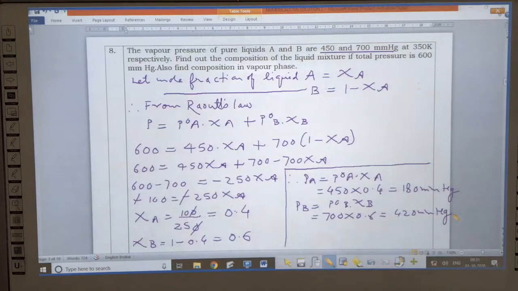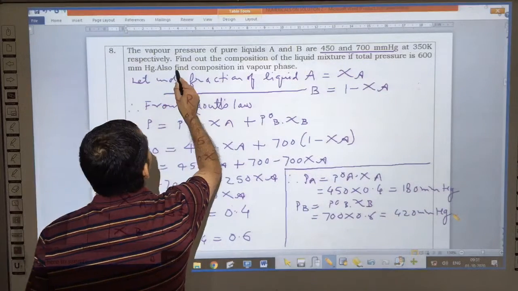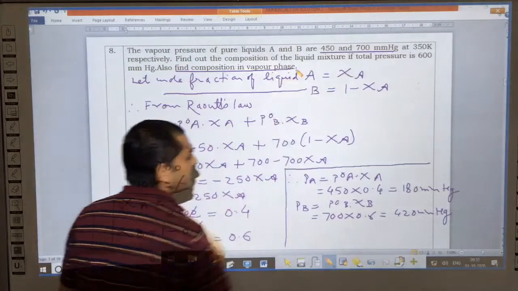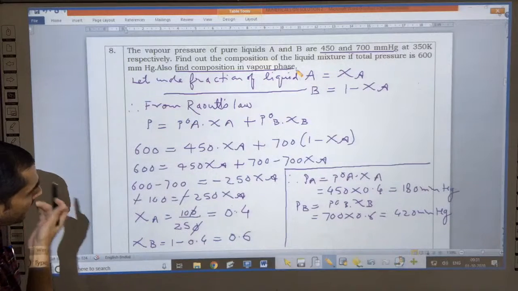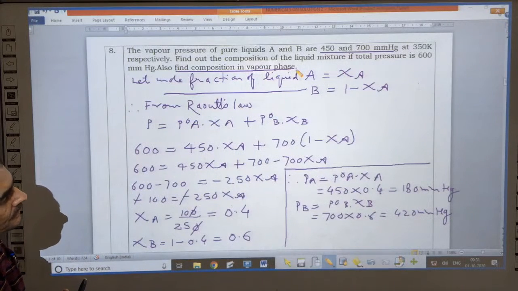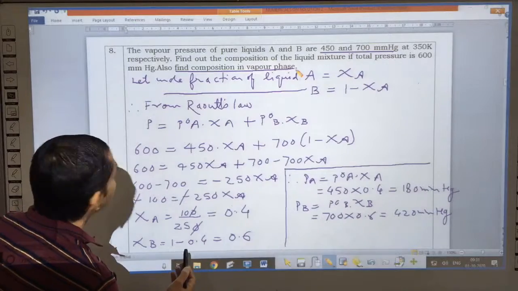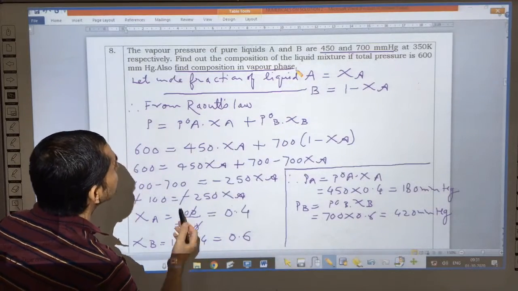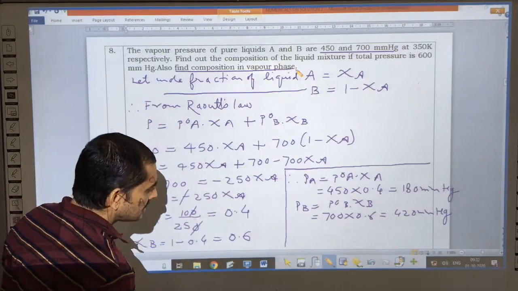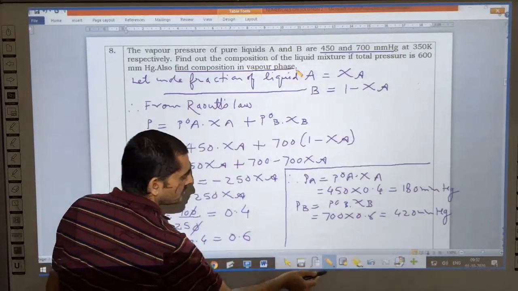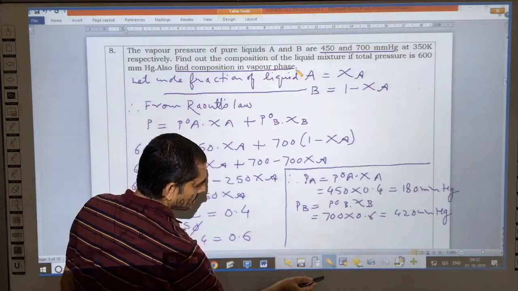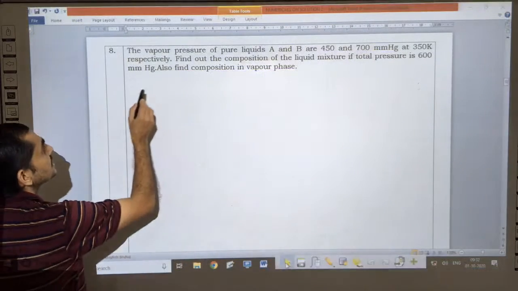Now what is left? The question is to find the composition in vapor phase. So how will you get the composition in vapor phase? Let us remove this 180, 420.